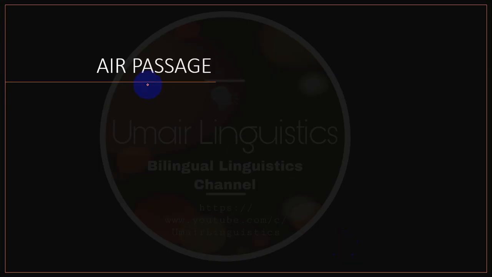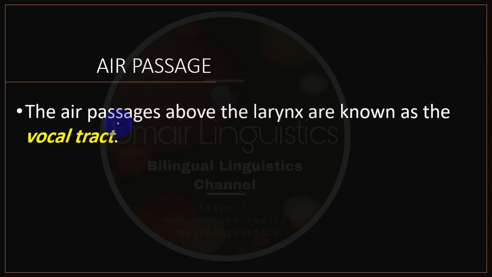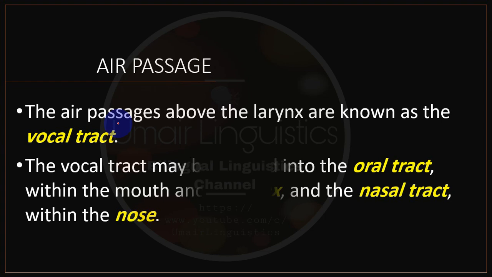So now we are going to look at a passage. The air passages above the larynx are known as the vocal tract. If you move above your larynx, the place that comes we call the vocal tract, which includes our tongue, our teeth, our lips, our hard palate, soft palate, uvula.